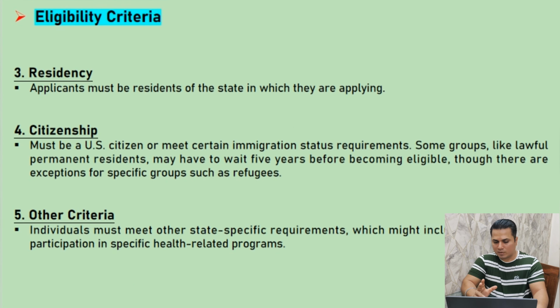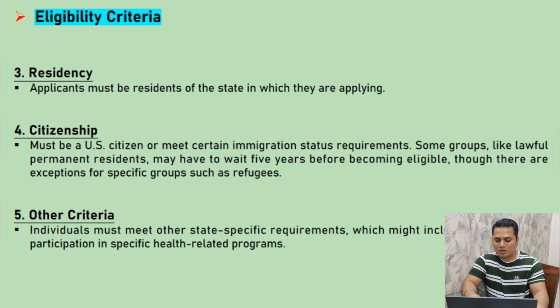Now, residency, number three. Applicants must be residents of the state in which they are applying. Number four, citizenship. Must be a US citizen or meet certain immigration status requirements. Some groups like lawful permanent residents may have to wait 5 years before becoming eligible, though there are exceptions for specific groups such as refugees.